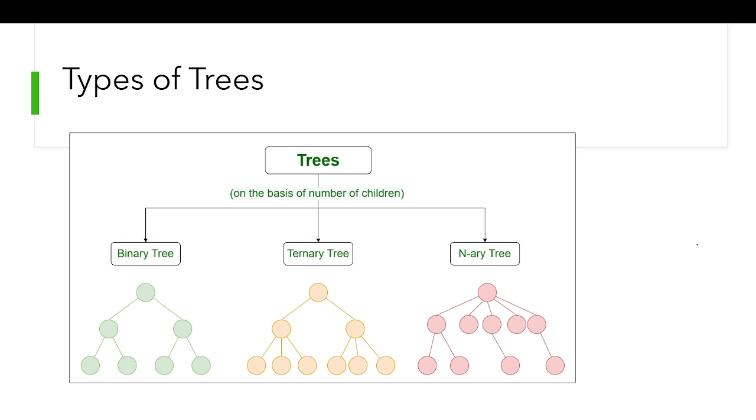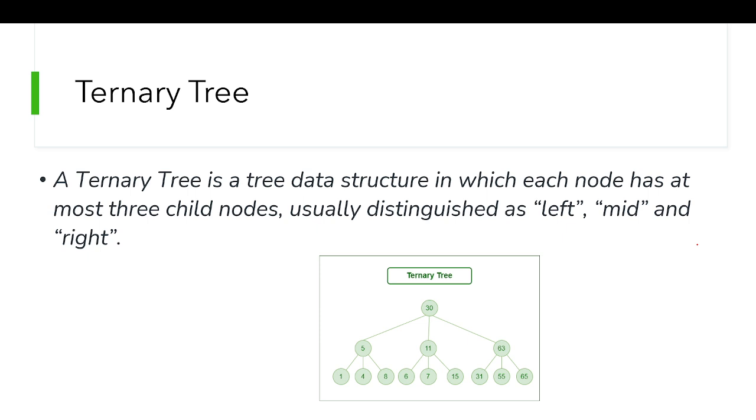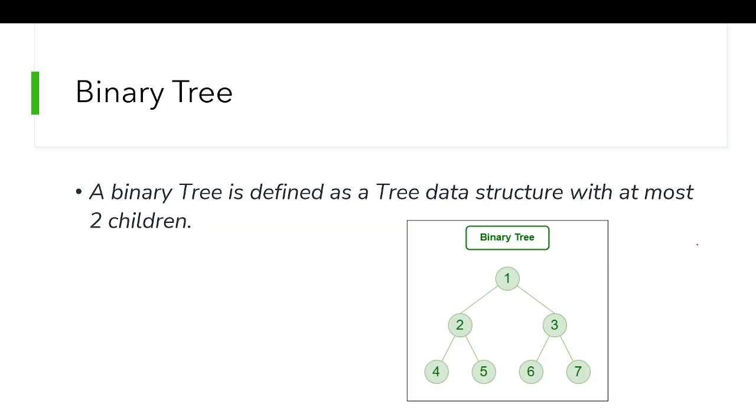A ternary tree can have at most 3 children, and an n-ary tree can have any number of children. So here is an example of a binary tree. That means it can have at most 2 children. A ternary tree is a data structure that has at most 3 children, distinguished as left, mid, and right. In case of binary, we call them the left child and right child.